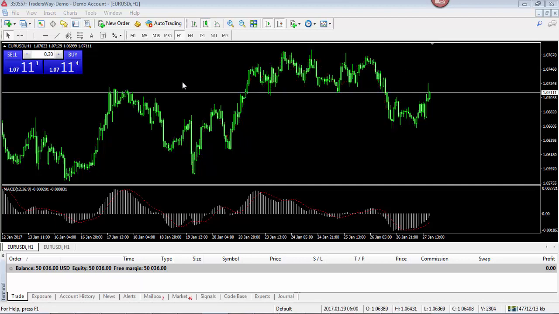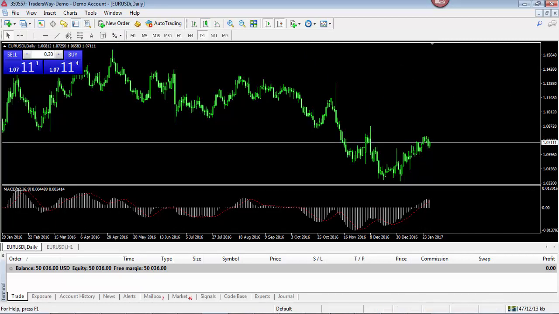If we go to a daily chart, we see where the market is making lower highs. Let's start from here. Lower highs, lower lows. Oops, drew that wrong. Until the market now turns. So the same pattern can be seen on all time frames.